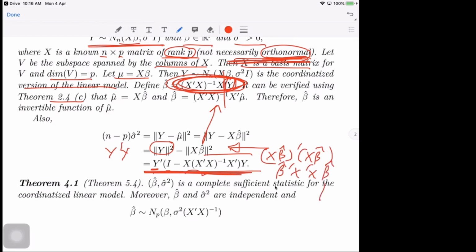This beta hat of yours is (X prime X) inverse X prime Y. So the Y prime is factored out on the outside, no? Are you following? Yes, ma'am. Then this one, Y prime Y, is the identity I. Okay? So I think you can follow through that.